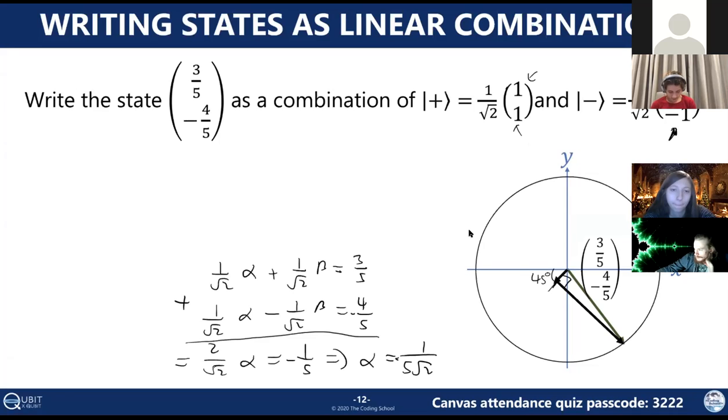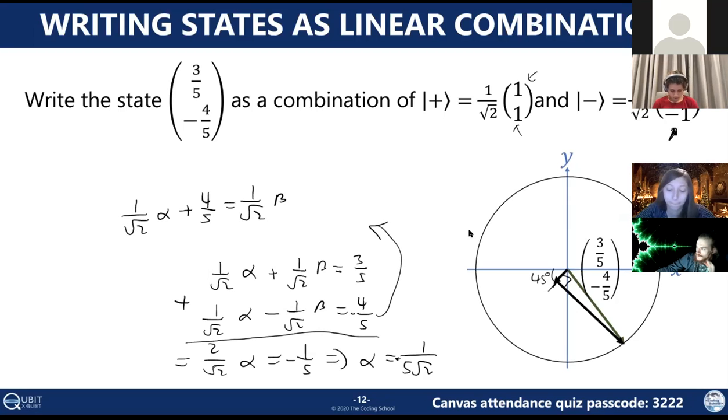1/5√2 negative. And then you can back solve for the other value, or you can instead subtract the 2 to get our beta value. So I guess, I don't know what's the cleanest way to do it, but if we know that 1/√2 times alpha plus 4/5 is equal to 1/√2 times beta.